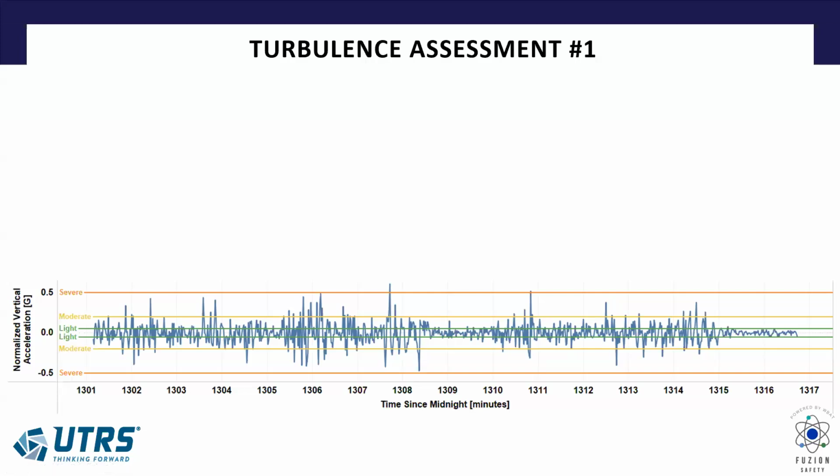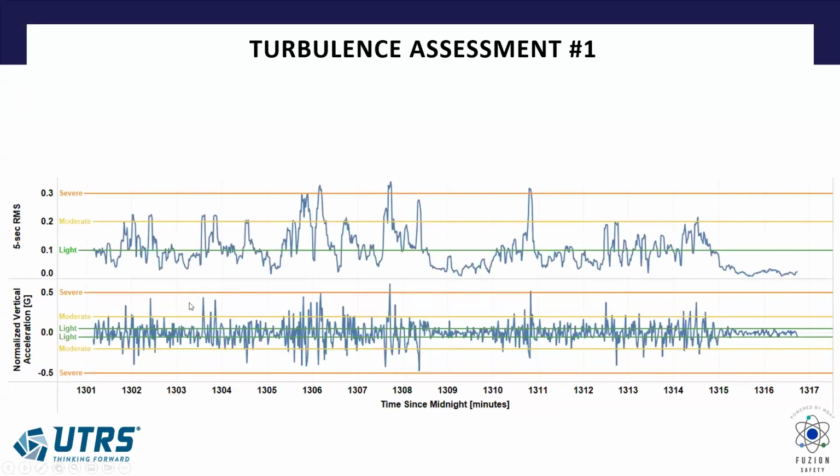Another way we look to try to tone this down and get some garbage out of the data is to, wrong way, do a root mean squared for 5 seconds. It kind of smooths the data out, but it's still showing some peaks into the severe range. Again, I think that's a little inflated for the small aircraft, but they were definitely feeling something.